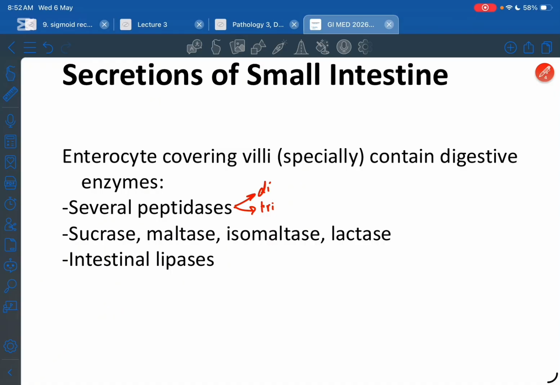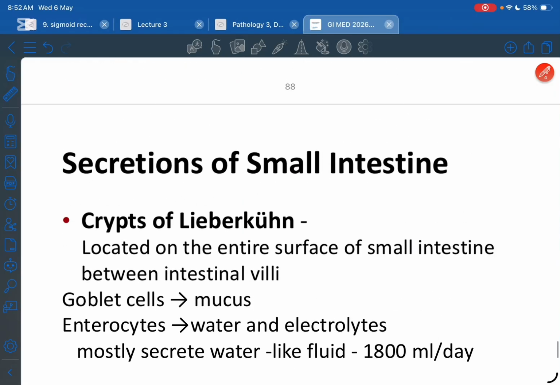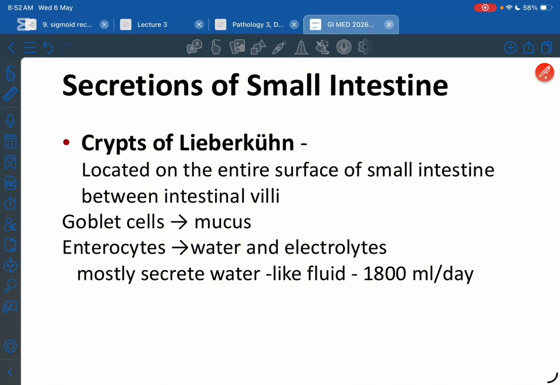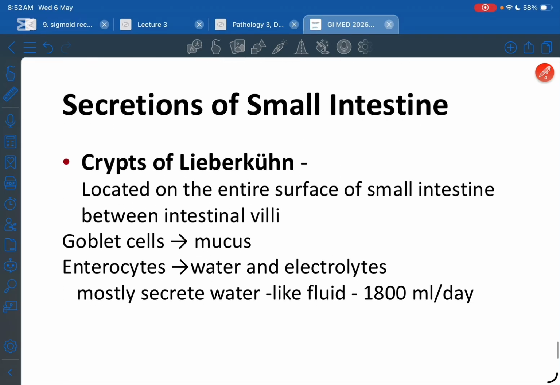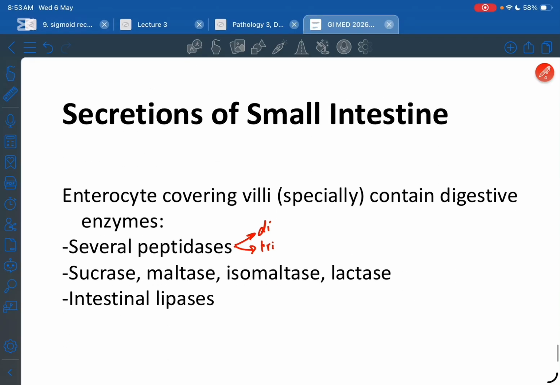Let's go back and summarize. Intestinal secretion: we are talking mainly about mucus, alkaline mucus from the glands, whether Brunner's glands or the glands of Lieberkühn, where we secrete the water structure, the fluid, a huge amount of this fluid. And we have to concentrate on these enterocytes, the enzymes, which are the enzymes for the final digestion of carbohydrate, final digestion of peptide, final digestion of lipid.